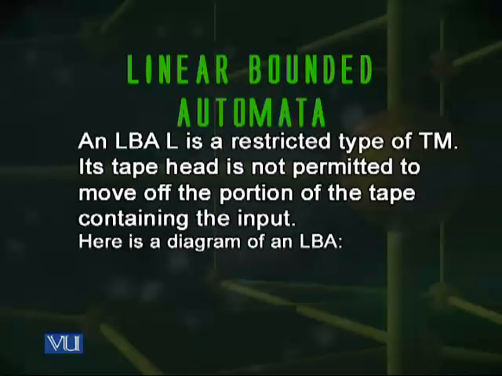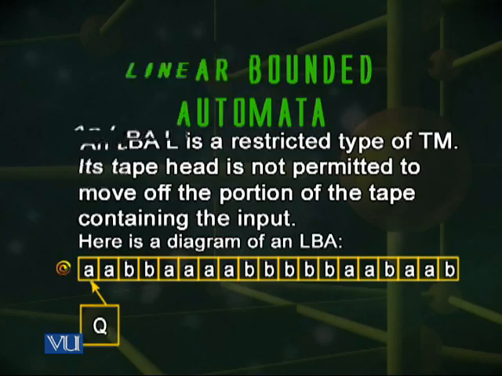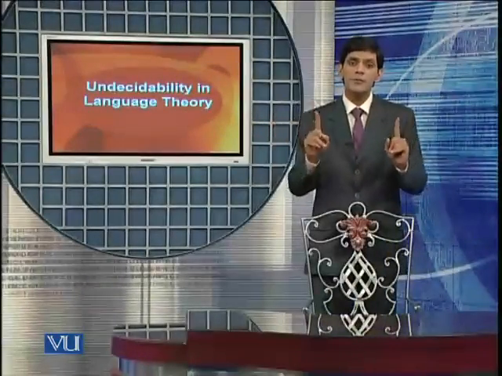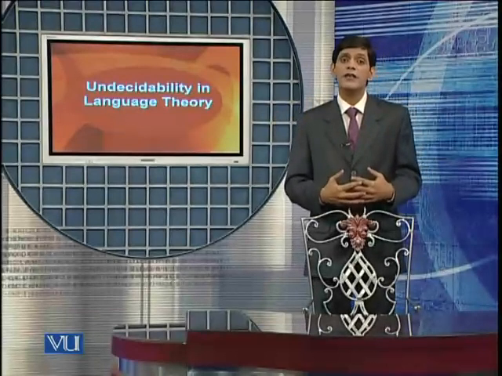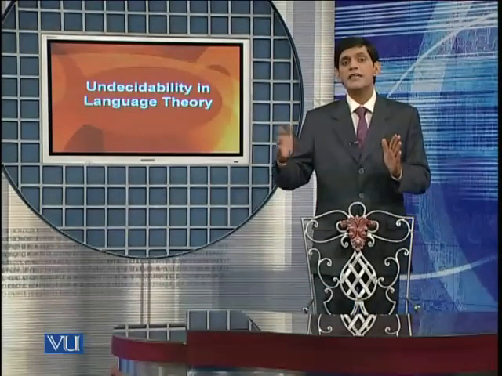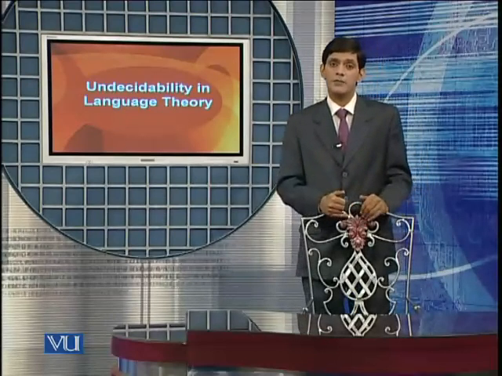So you can think about a linear bounded automaton as a Turing machine which has an input tape, and you give it the input and you chop off the tape. So it is not allowed to have an infinite tape. It only has as much tape as the input. So if the input is extremely long, then it has a lot of tape. However, if the input is really short, then it has very little space to work on. These machines are called linear bounded automata, linear meaning they only take as much space as is linear in the size of the input.